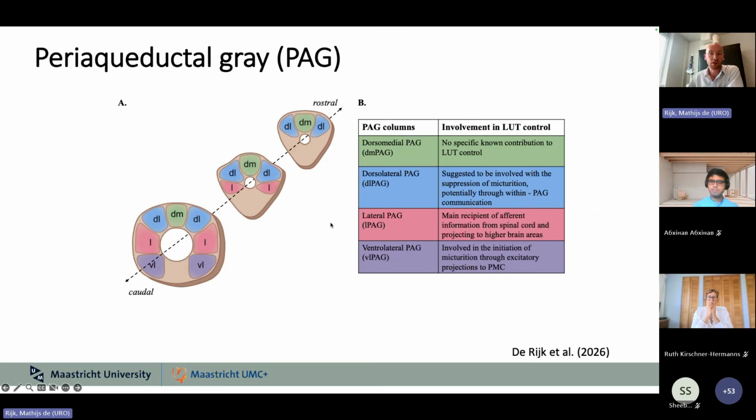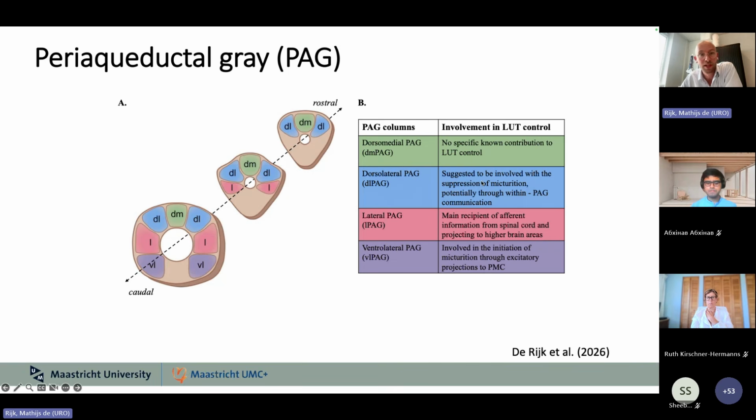And when we look at the neuroanatomy of the periaqueductal gray, we know that it's made up of different structural columns. And for voiding, the most relevant ones are the dorsolateral column, the lateral column of the PAG, and the ventrolateral column. For the function of the dorsolateral column, there's very limited research, but what it has been suggested to be involved with is the suppression of micturition, and the delay of micturition.